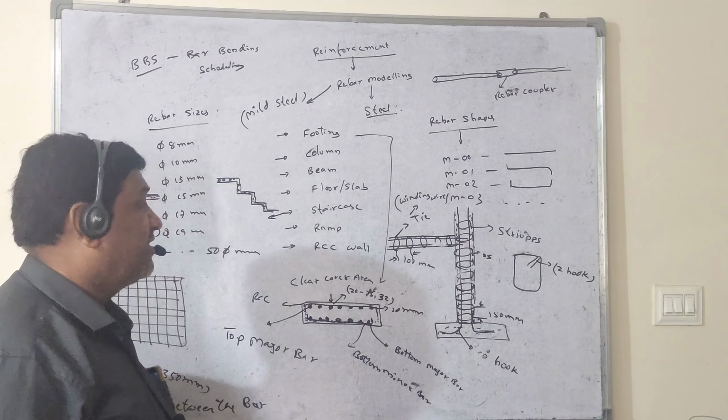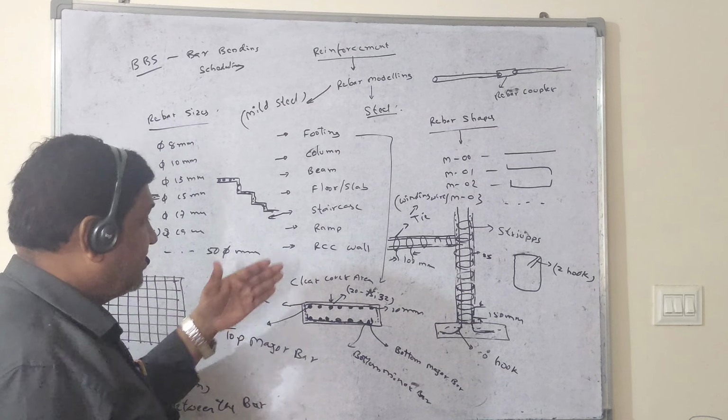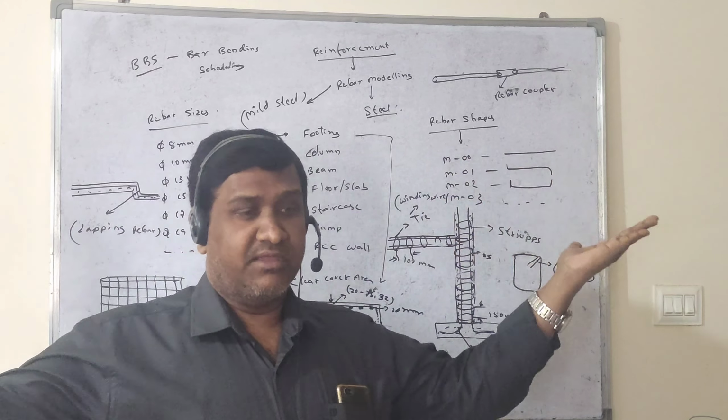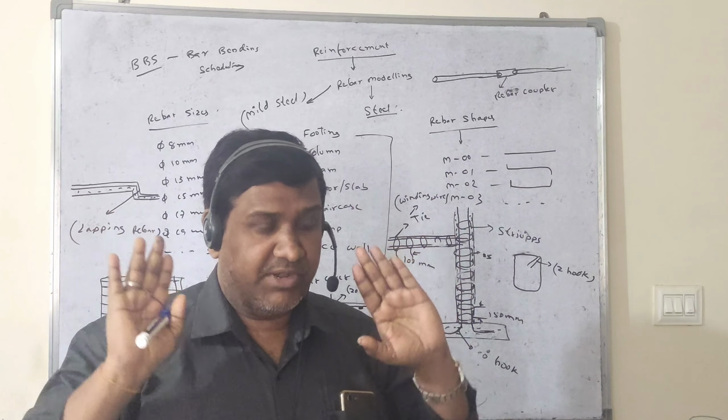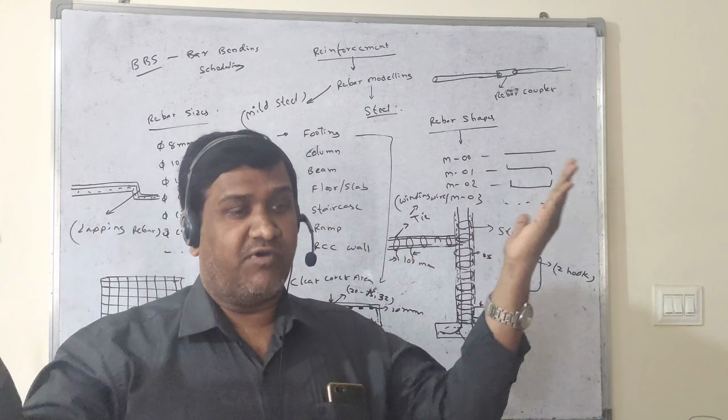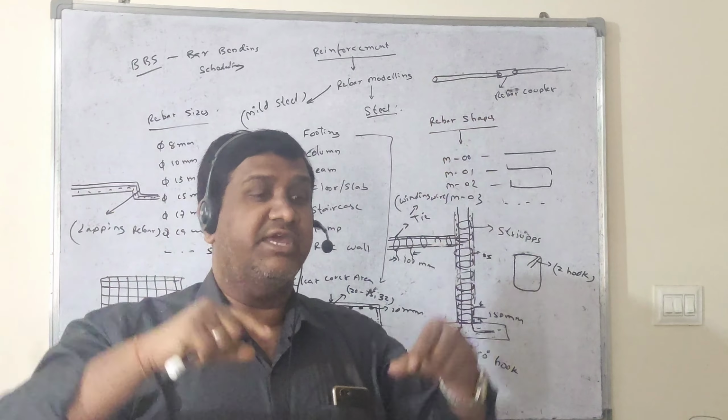A ramp also we will utilize this one. Even for the wall, RCC wall. In RCC walls you can see the retaining wall. The retaining wall will become the outer boundary of your building. Maybe some compound wall, we are going to utilize this rebar there also.